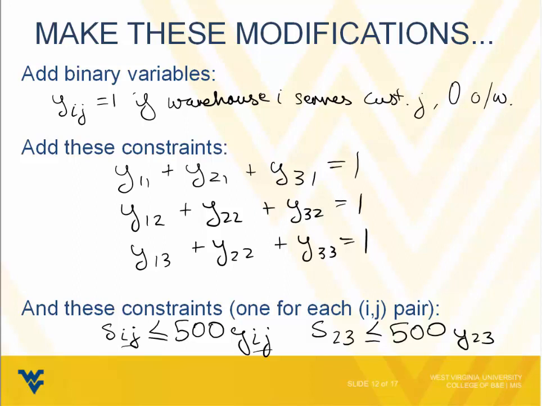So that i and j represent the same number on both sides. So for all i from 1 to 3 and j from 1 to 3. In other words, we'll have 9 of these forcing constraints because there are totally 9 lanes.